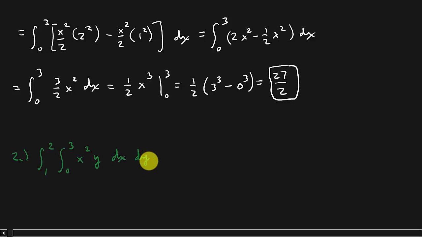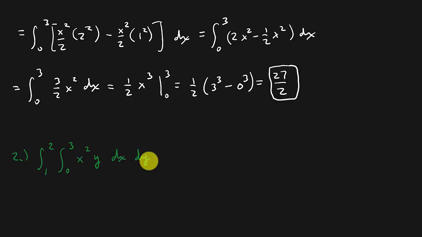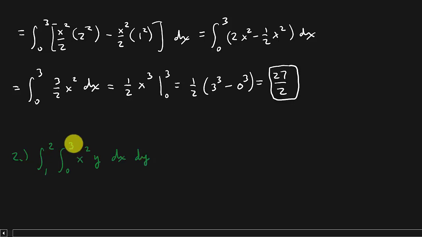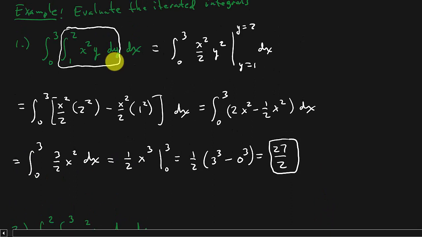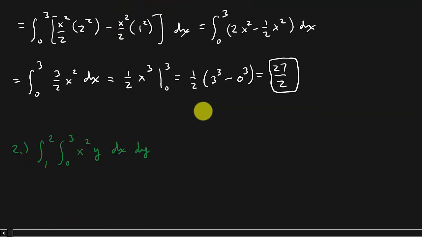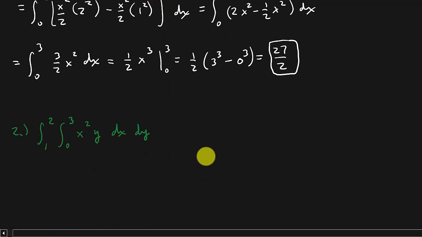So what I did is I swapped the order that I'm integrating. In this problem, I'm doing the same problem, same limits. I'm just integrating with respect to x first and then with respect to y. Up here in this problem, I integrated with respect to y first, and then with respect to x. All right, let's see if we get the same answer.